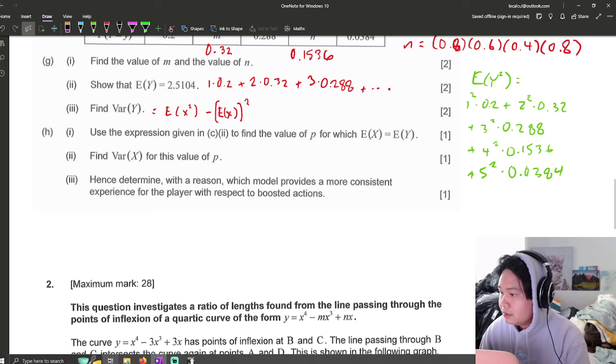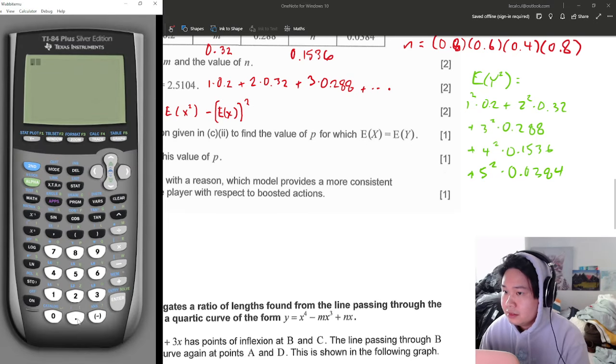Okay, and then I guess I should calculate this out. So 0.2 plus 4 times 0.32 plus 9 times 0.288 plus 16 times 0.1536 plus 25 times 0.0384.